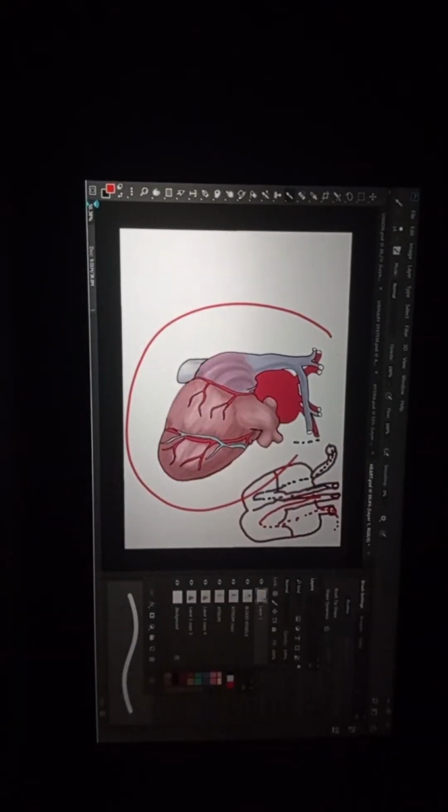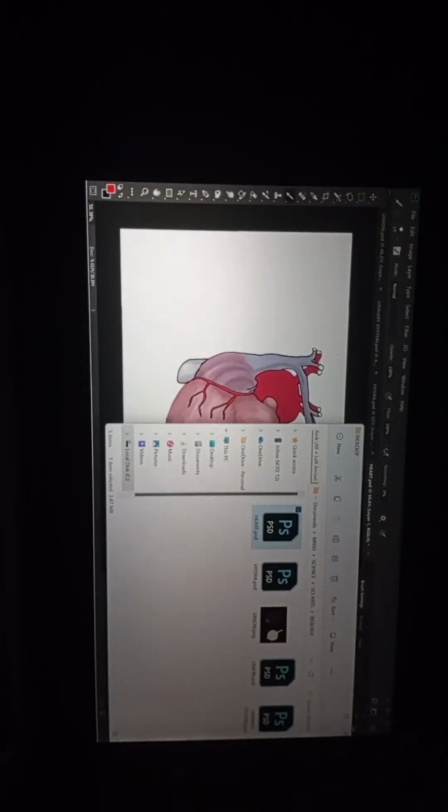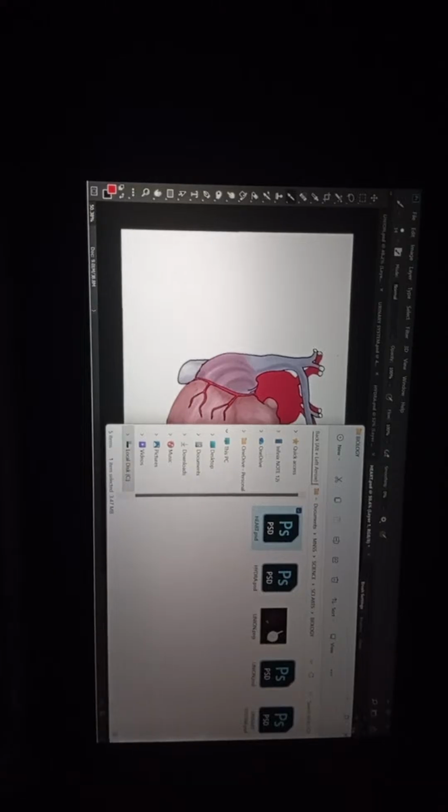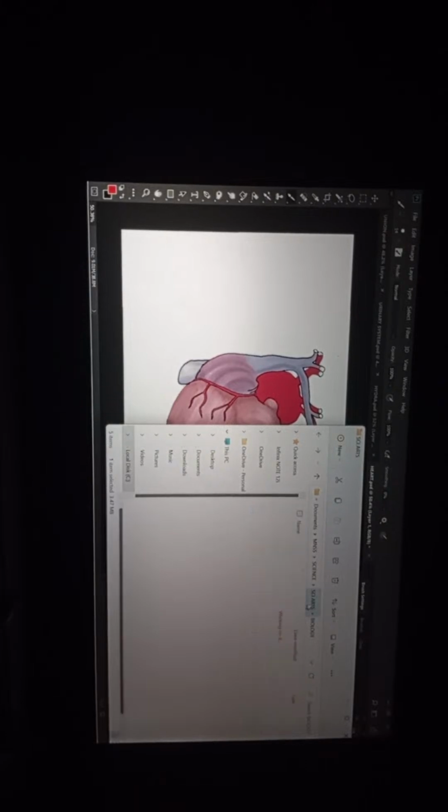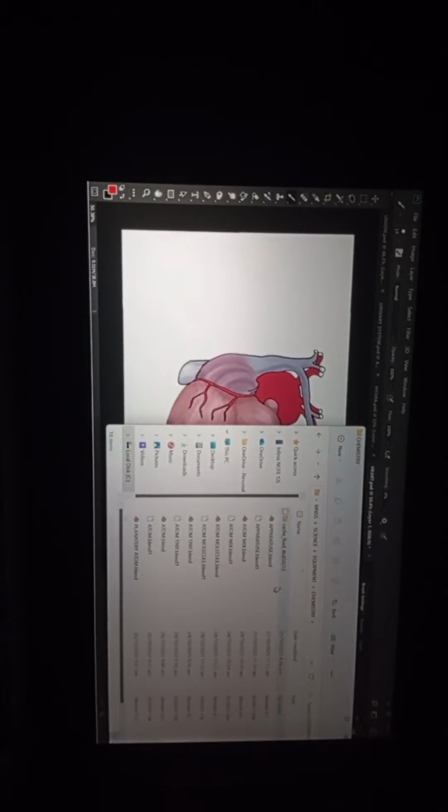That's why we brought this, to help you know that the heart is not only about the functional diagram we see. But for this, I think we should stop here.